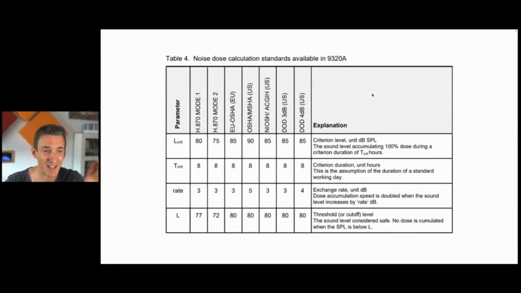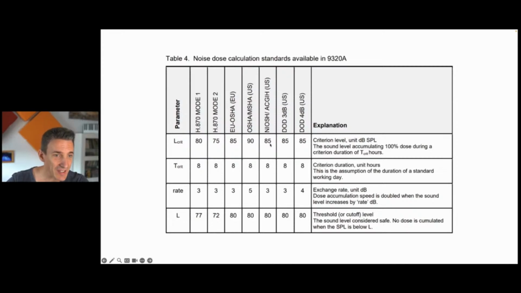And if you check our manual, then we show in detail which are the numbers picked by these standards. For example, in mode 2 of this H87, this is a little more carefully selected. It's only 75. And as said, for example, the US version is 90. I don't know how you can select 90. And then you see the critical hours.